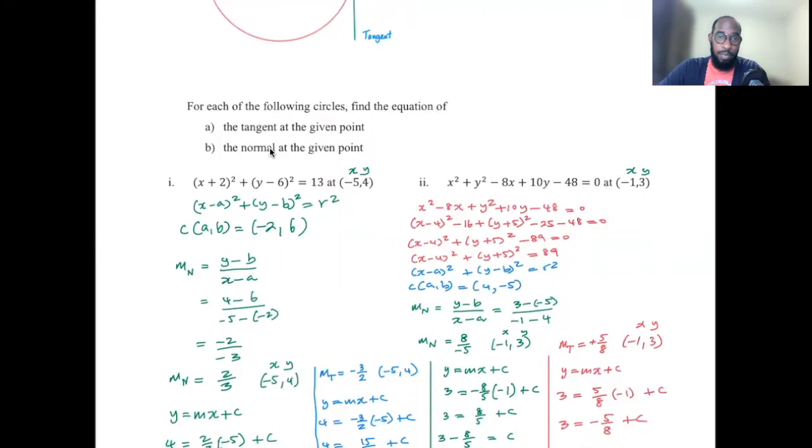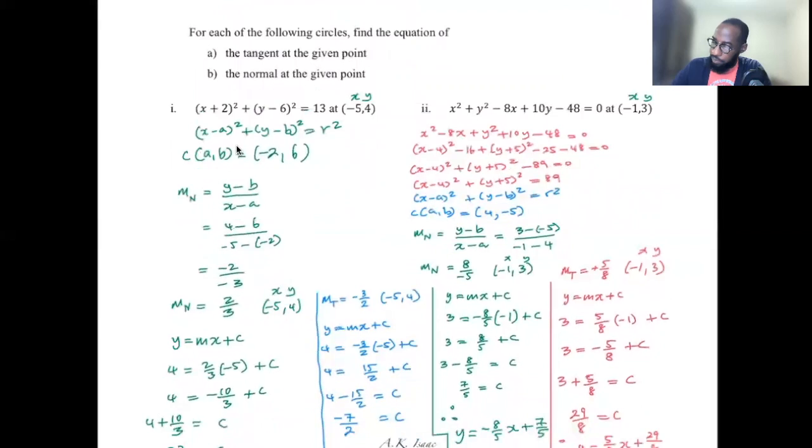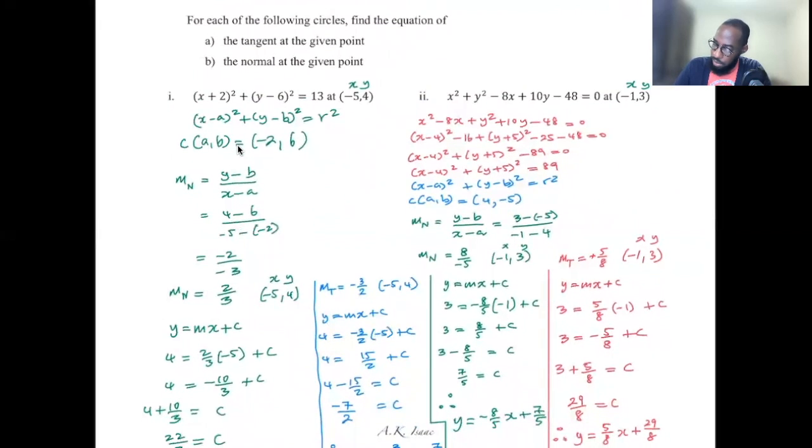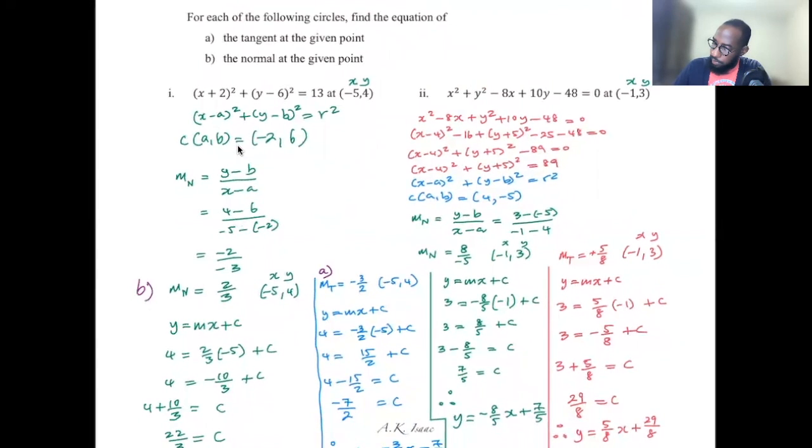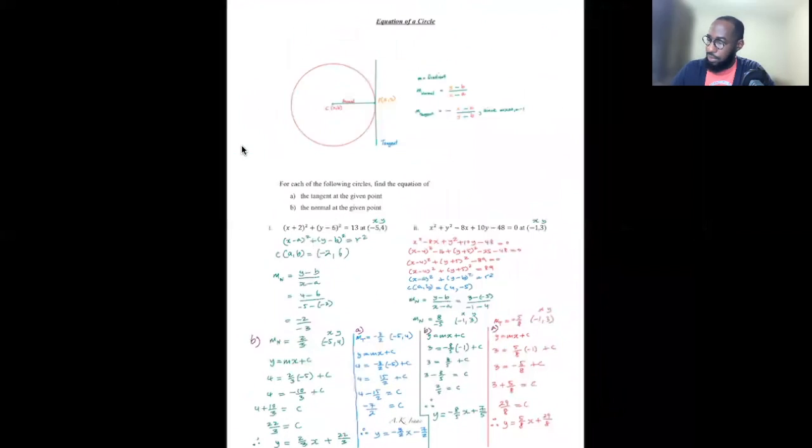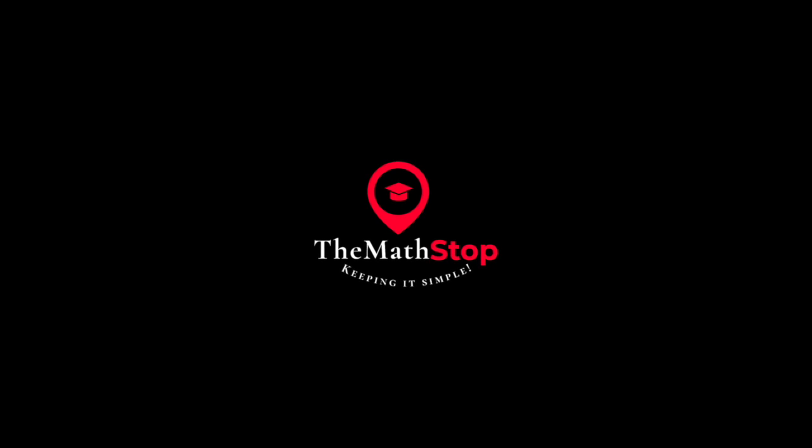So if the tangent is (a) and the normal is (b), this is b, this is a, this is b, and this is a. All right, so that's it for the equation of the circle in relation to finding the equation of the tangent and the equation of the normal.